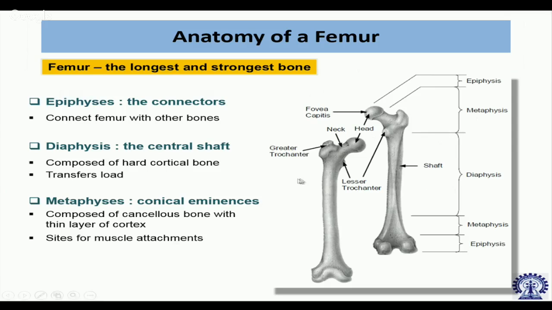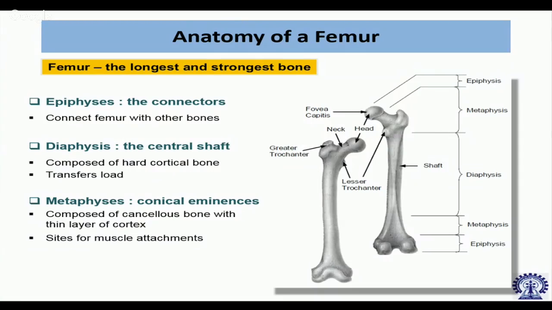Okay, this part, and we have the metaphysis, which is basically a part which is in between the epiphysis and the diaphysis, but this is rich with cancellous bone. Now, what is cancellous bone and cortical bone we will discuss later, but cancellous bone is porous, spongy bone that forms the inner core of the bone structure, and that is basically covered by a hard, dense cortex called the compact or the cortical bone.